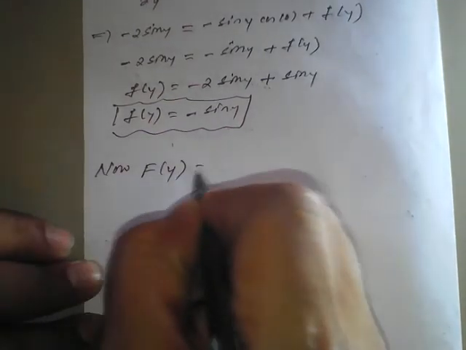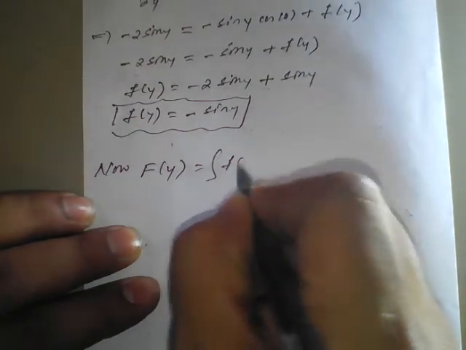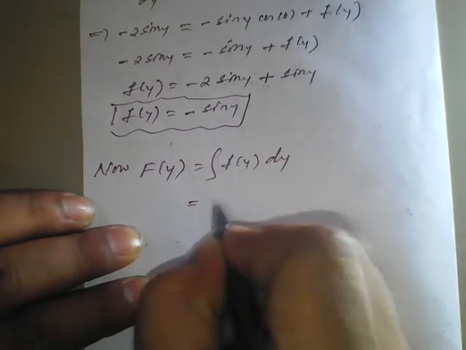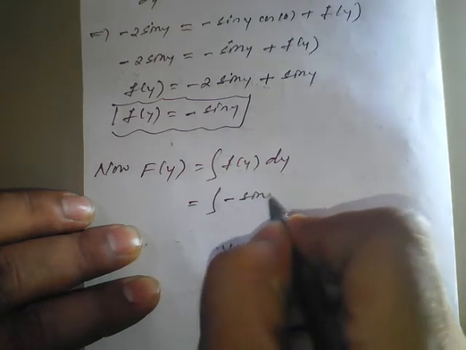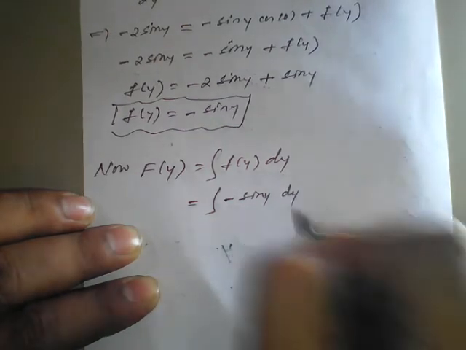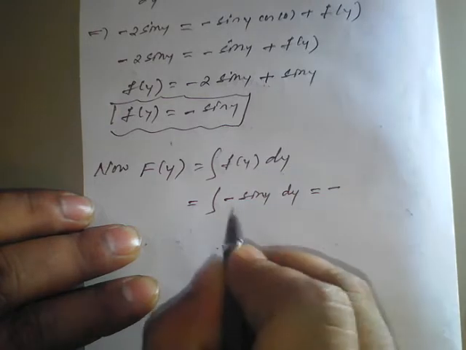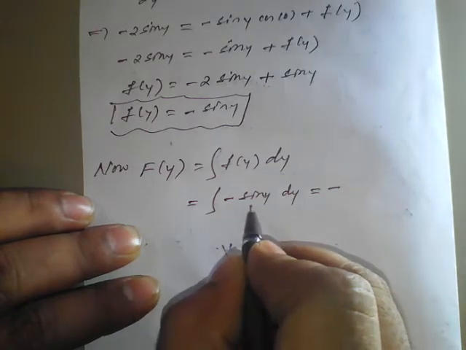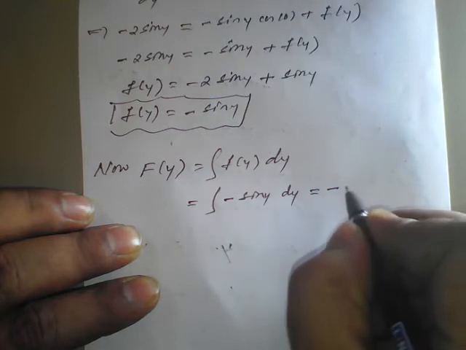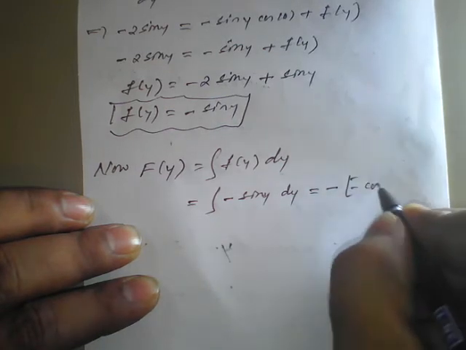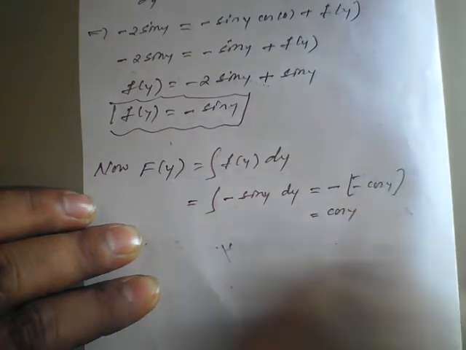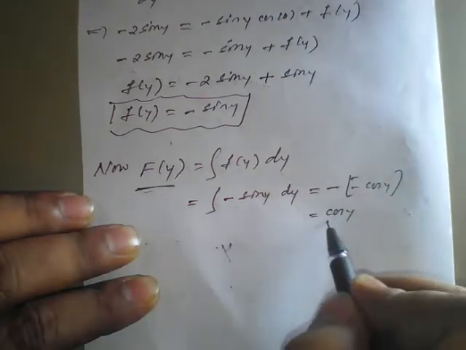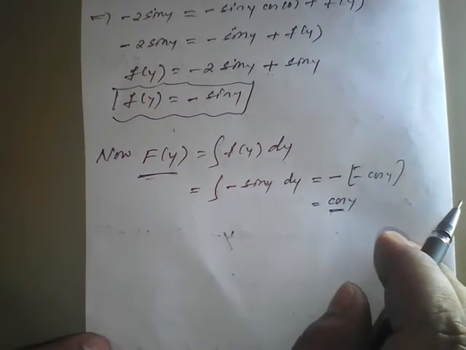Now we know that capital F of y is the integration of small f of y into dy, which is the integration of minus sin y dy. Keep the minus outside; the integration of sine is minus cos y, which gives plus cos y. So remember, the capital F of y answer we got is cos y.